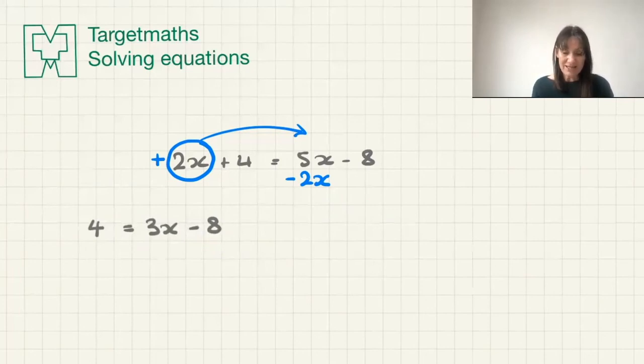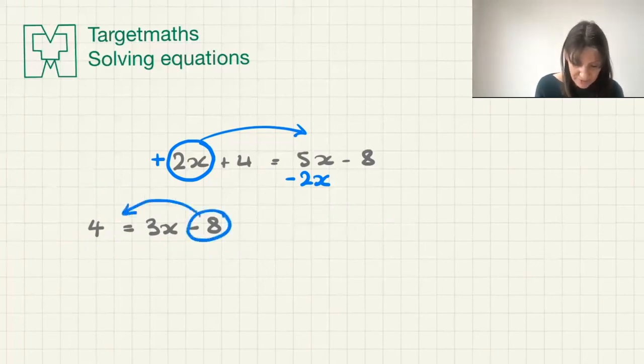3x minus 8 is the side that I've got to read because it's got the x in it. And when I read that out loud, 3x minus 8, then -8 is the last thing I say. So -8 will be the first thing I move. When it lands, I have to allow for the fact that 4 is already there.